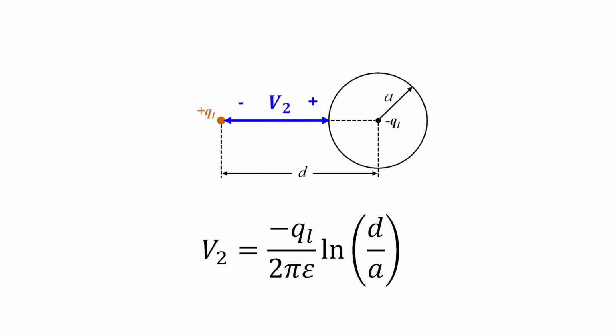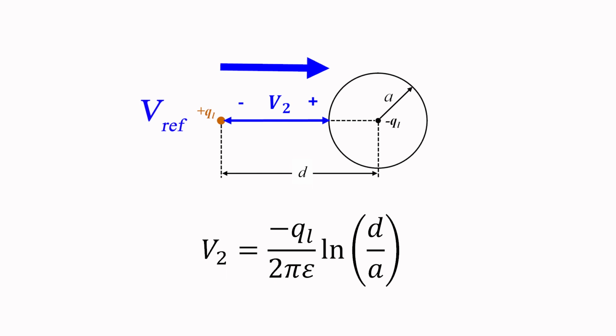Let's pause for a moment to make sure we interpret the negative sign correctly. For the negative wire, we defined the image of the positive wire as our reference, and the positive sense of V2 to be toward the negatively charged wire. Thus, a negative value for V2 means that the negatively charged wire is at a lower potential than the positive wire, which we expect.